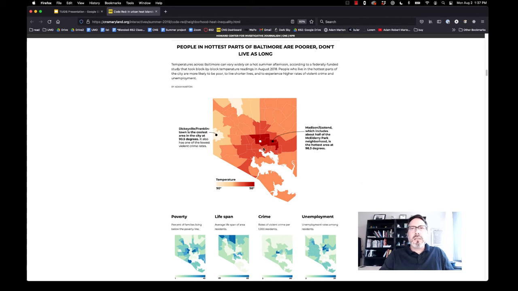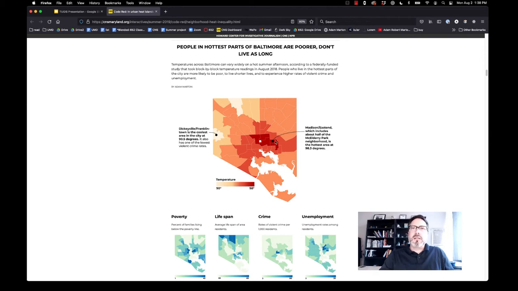So we see really hot areas downtown, right, where there is very little tree cover, where there's lots of concrete and lots of buildings. We see things are a lot cooler in what we will call the leafy suburban areas of North Baltimore. Things are a lot cooler out here where we have Leakin Park, which is the largest urban forest east of the Mississippi, and just generally cooler in the outer sections of Baltimore where we tend to see more trees.